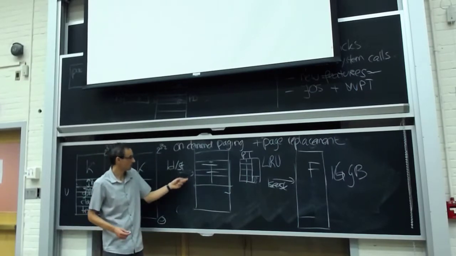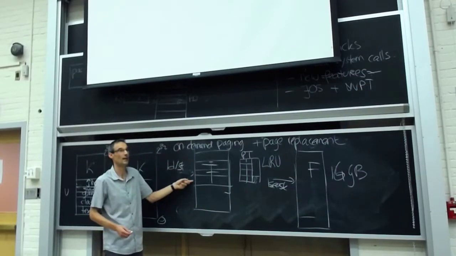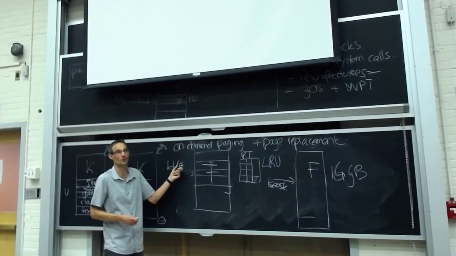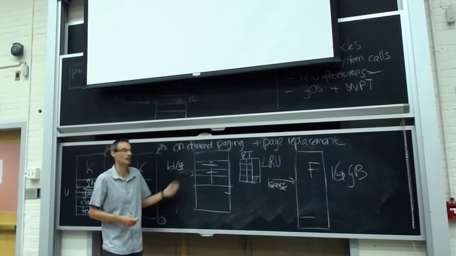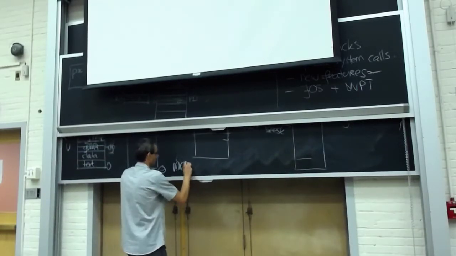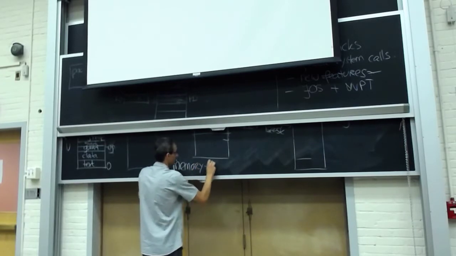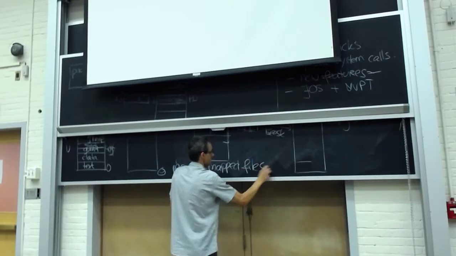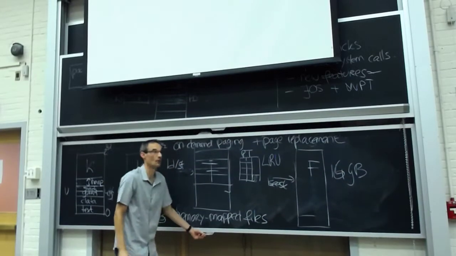The advantage is that you can jump around in the file easily, because you can reference a particular offset directly using load and store. Make sense? So this is called memory mapped files. Every Unix operating system has it, and the system call that goes along with that is mmap.